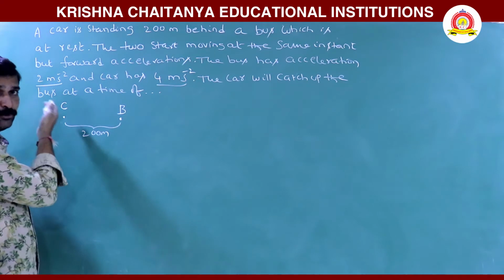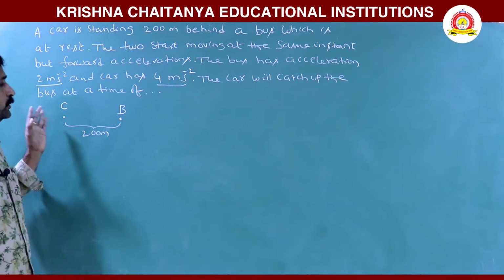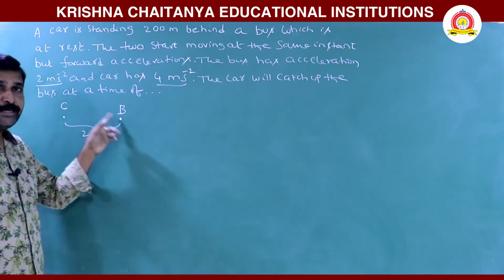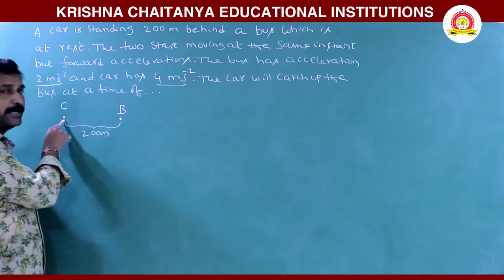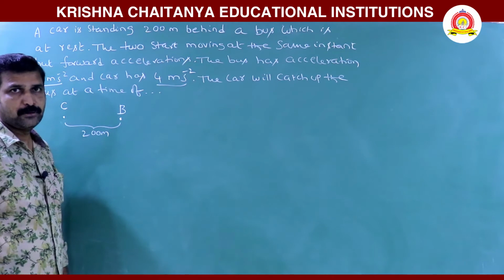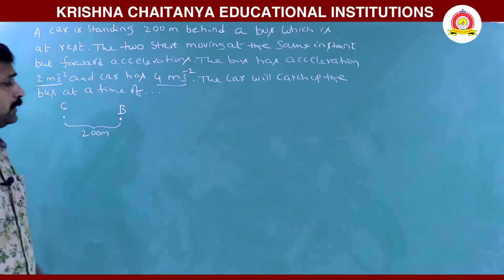Since it has more acceleration, its speed rises up, so it can overtake the bus. In order to overtake, the car has to travel an extra distance of 200 meters. Okay, since these two are separated by 200 meters.